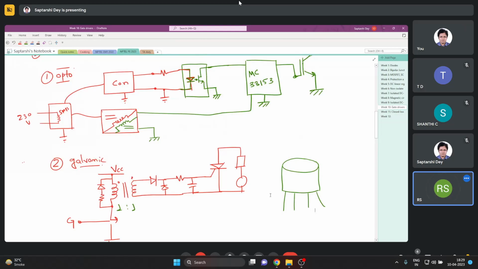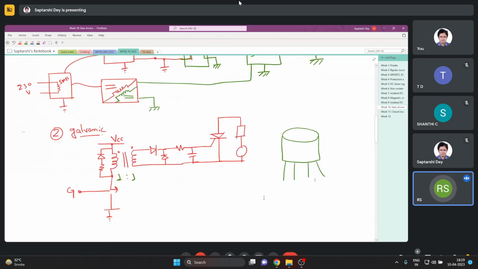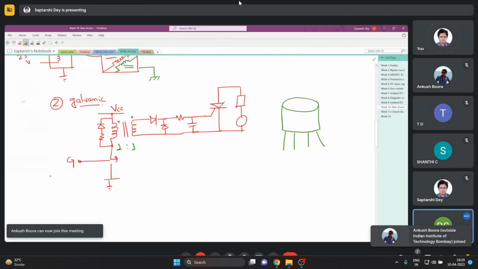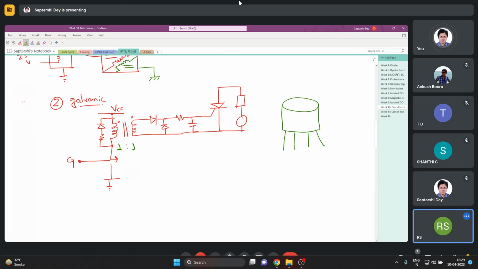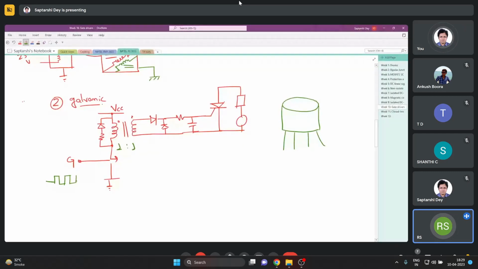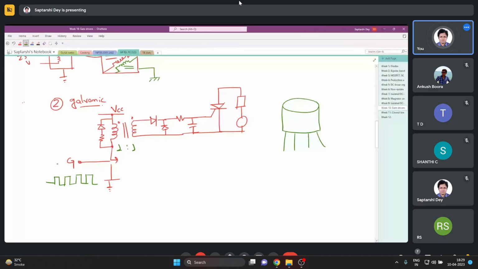Sir, can you please repeat how the power and the pulse flow in the same manner? Okay. So you know the operation of a forward converter, right? Yes, sir. So this is nothing but a forward converter. Say I give a gate pulse like this, coming from my control circuit.